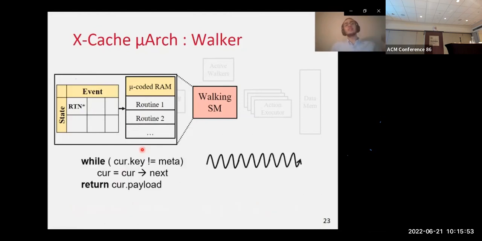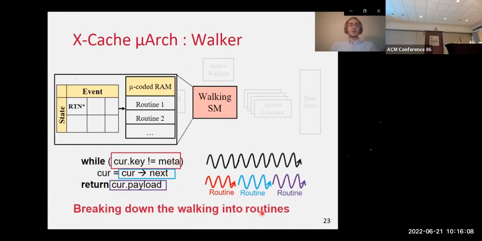So in this example, instead of having a long walking logic similar to this code, we can break it down into smaller pieces. Each block is one routine, and basically this gives us our walking logic inside the Xcache.